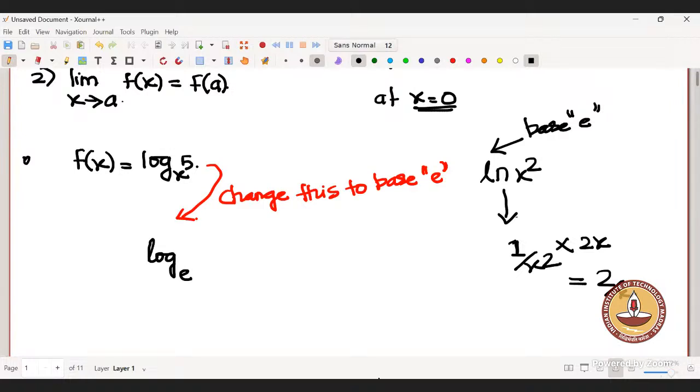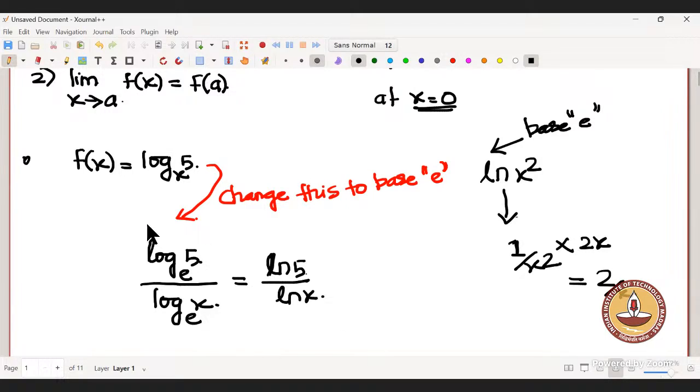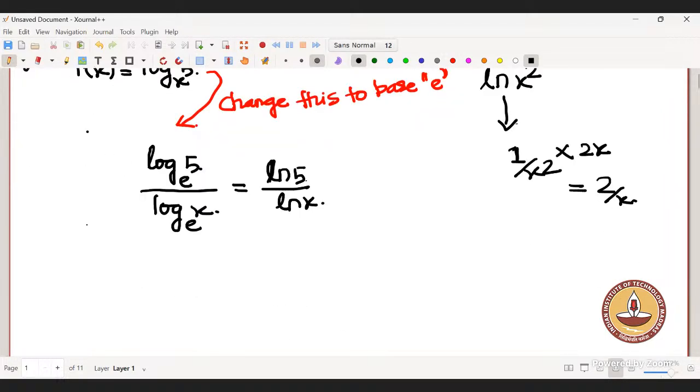I can write this as ln 5 by ln x, since log of x base e is basically ln x. So this is ln 5 by ln x, right? Now the numerator is a constant.